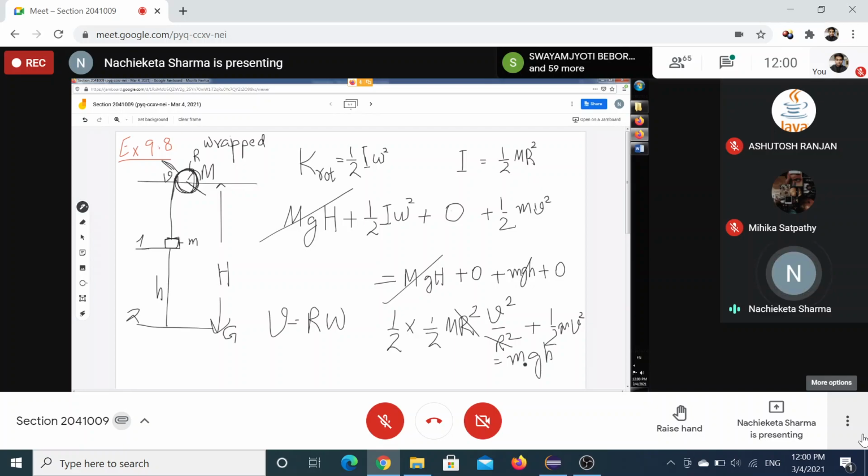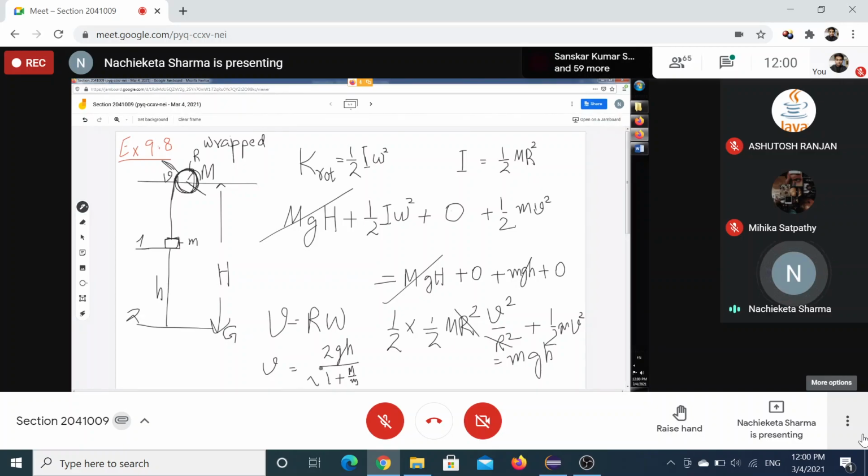If you do the mathematics, only simple algebra, you will find that your velocity v is equal to root over 2gh divided by 1 plus capital M by small m.